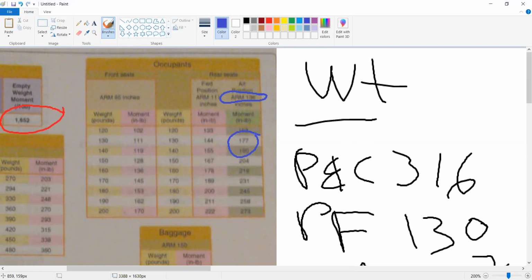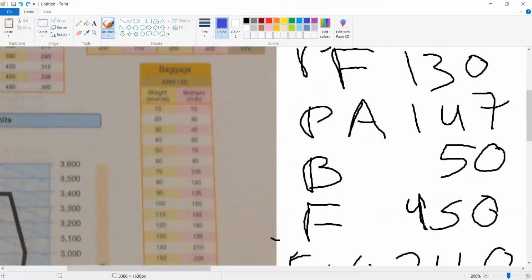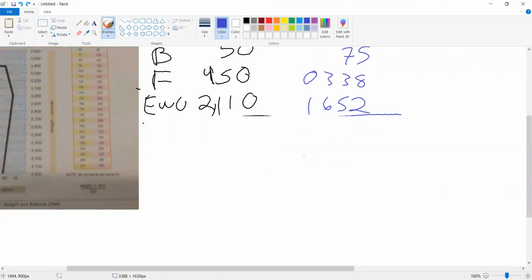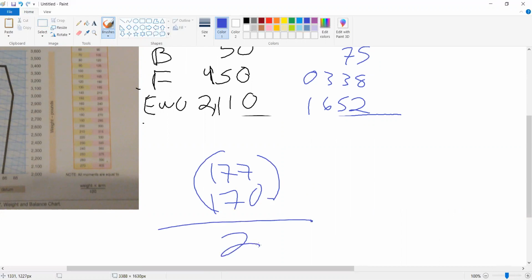Not sure what the book is saying, but we can find the average between those. So we have, as I said, 177 and 170, whatever that is, over 2. So 177 plus 170 equals 347. Divide by 2 equals 173.